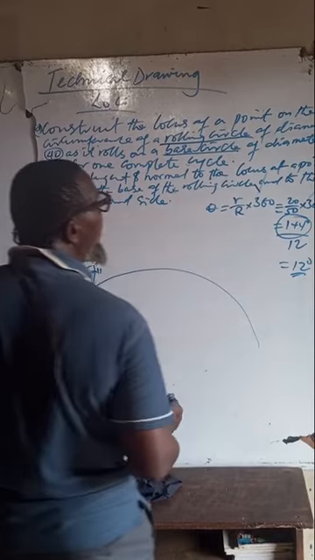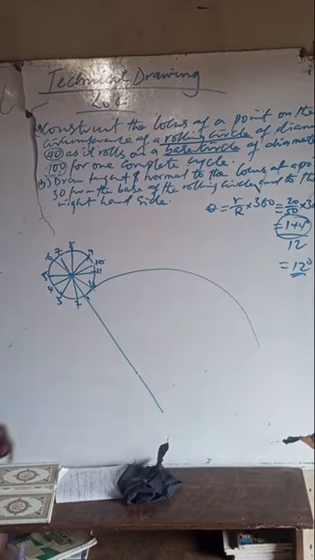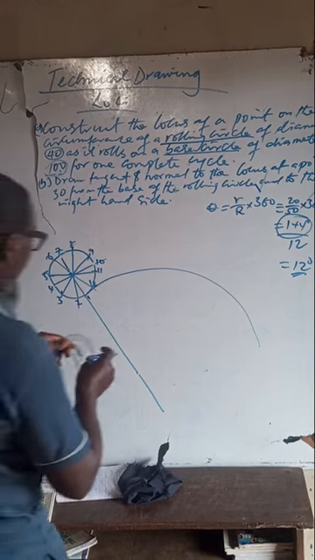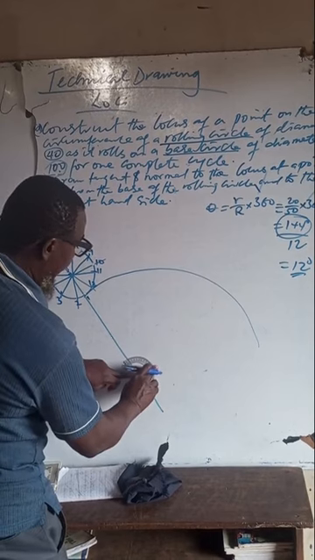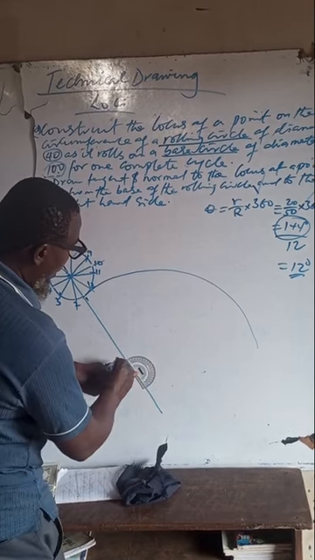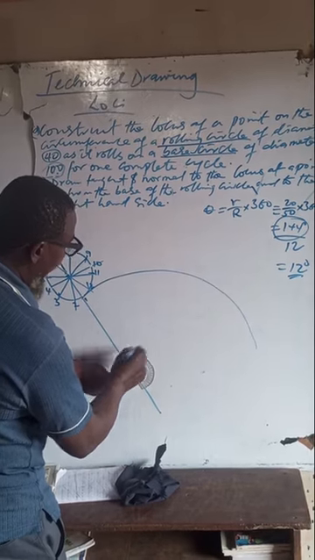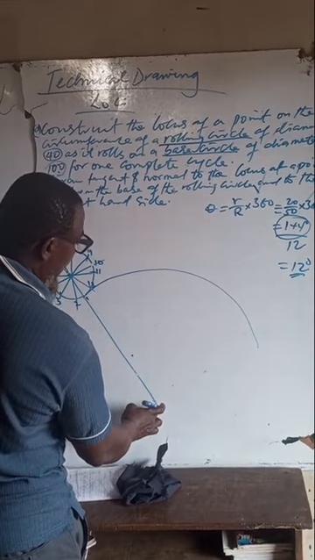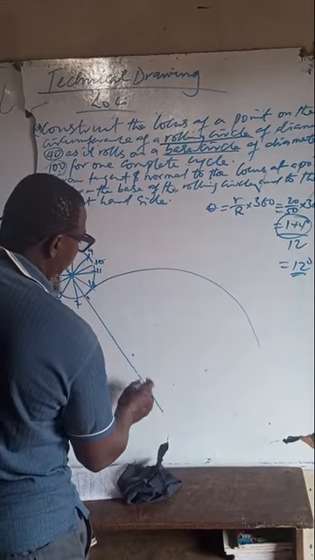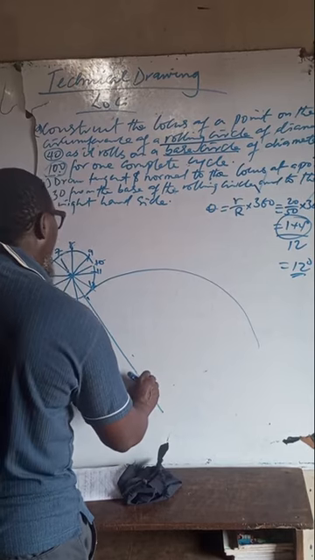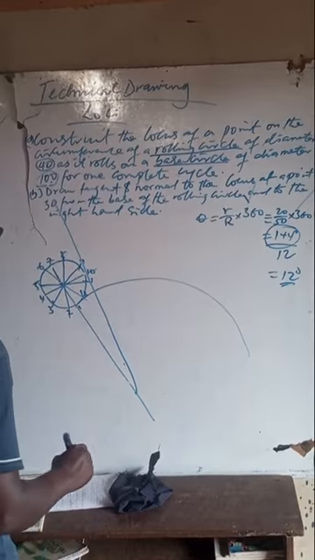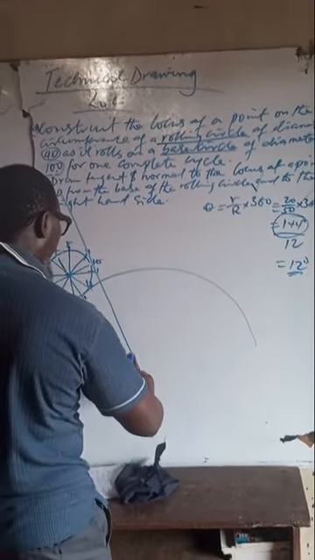I don't have a very big compass, unfortunately, so I'll place my protractor like this and measure 12 degrees. That will be somewhere around here. I'll measure my 12 degrees and draw it like this. I hope that is clear.